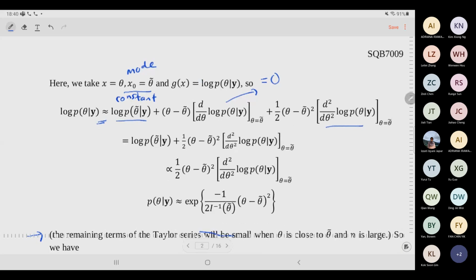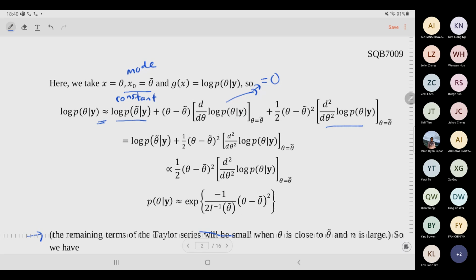It is similar to the MLE: the mode maximizes your log posterior. So if you differentiate your log posterior and set theta equal to your mode, then this first derivative will be equal to 0, because it is maximized at the mode.